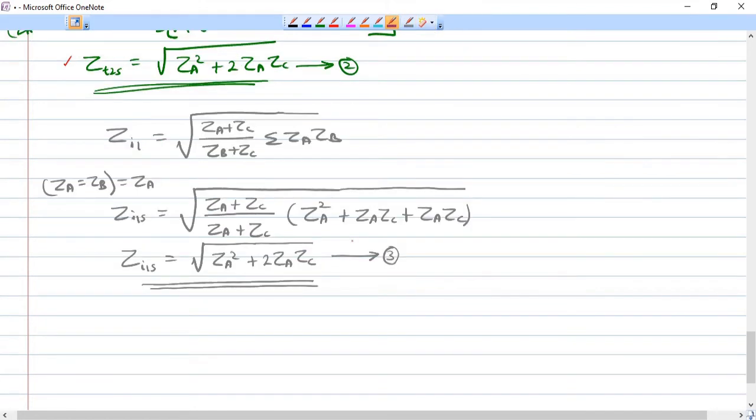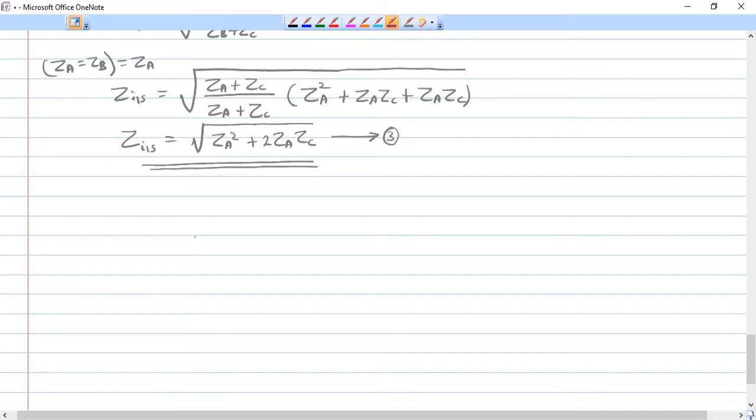Now what happens to our image impedance ZI2? We have the expression ZI2 is equal to square root of ZB plus ZC divided by ZA plus ZC into sigma ZA ZB.